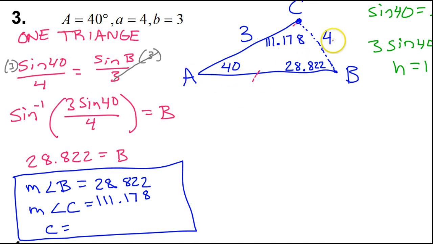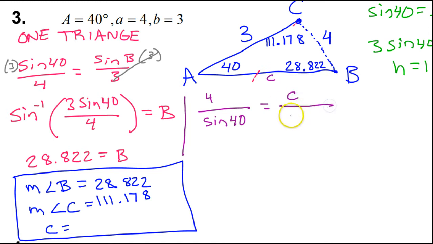Well, we can start off with this ratio again. I think just for fun, I'm going to do it the reciprocal way this time. So instead of doing the sine of the angle over the side, I'm going to do the side over the sine of the angle. Okay, now I'm looking for side C, so that's going to be C over the sine of 111.178.